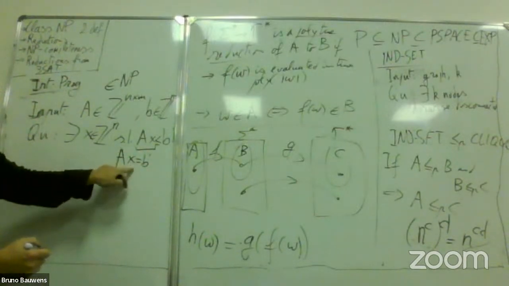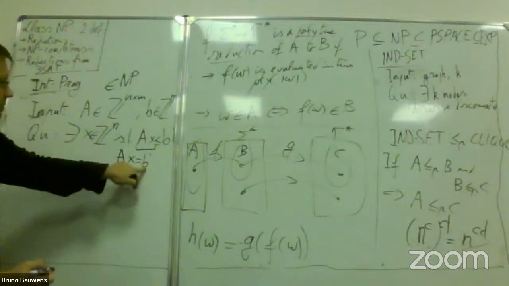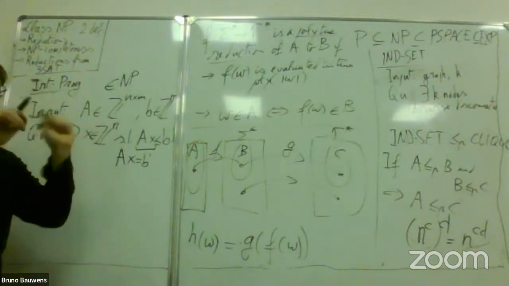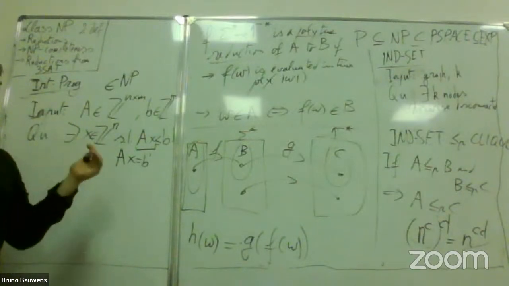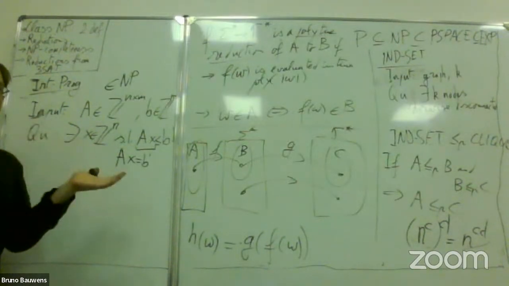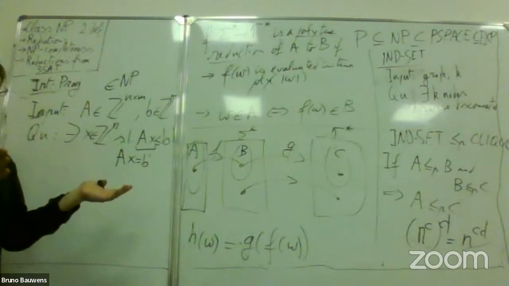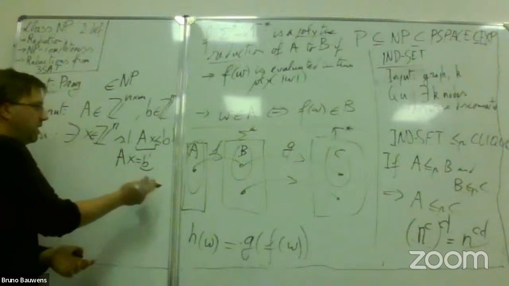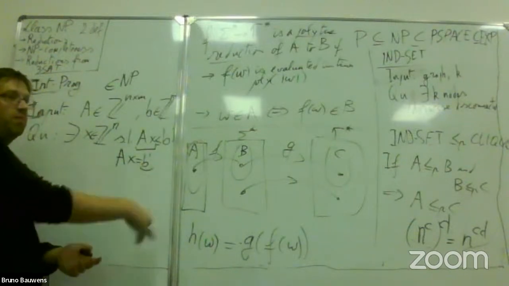If B prime has simple coefficients, then Cramer's rule is just the calculation of a determinant. It happens in polynomial time, since the size of determinants is polynomial in the bit size of the numbers. But I don't know why you can assume that there exists a B prime of polynomial size.